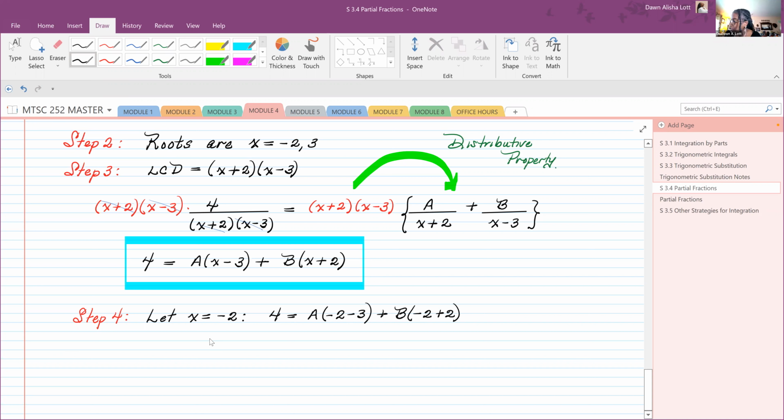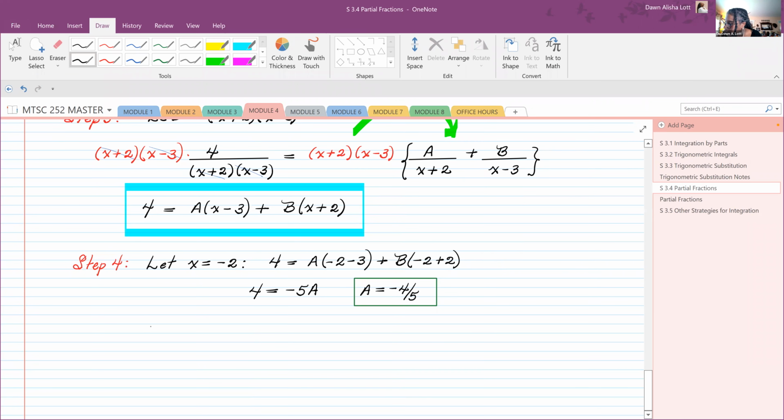So now I just get 4 is equal to -5A. The B is gone, so A is -4/5. So I have solved for my first constant. Any questions? Okay.